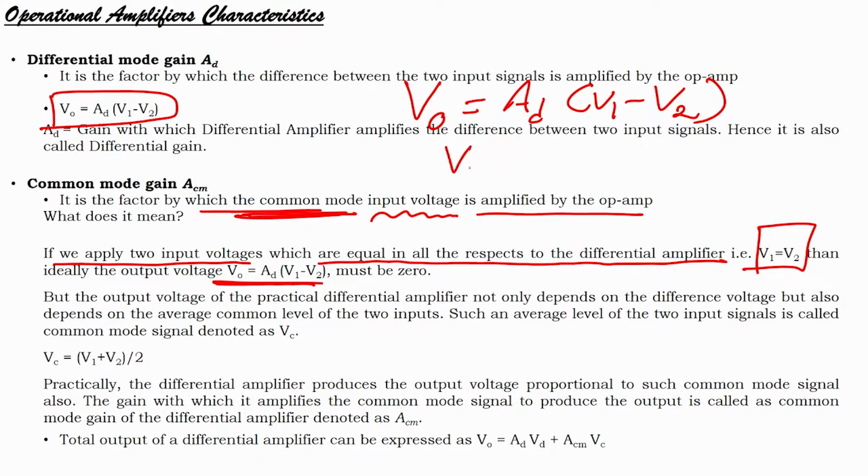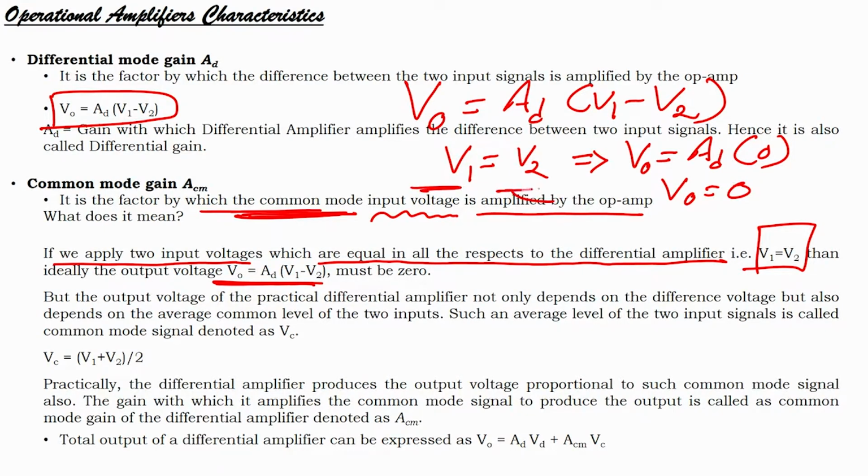If I apply V1 equals V2, that is, my voltages are the same at the input terminals, then VO is AD into 0, or VO is nothing but 0, because V1 is equal to V2. This is what we are saying: if we apply two input voltages which are equal in all respects to the differential amplifier, then my output voltage must be 0.